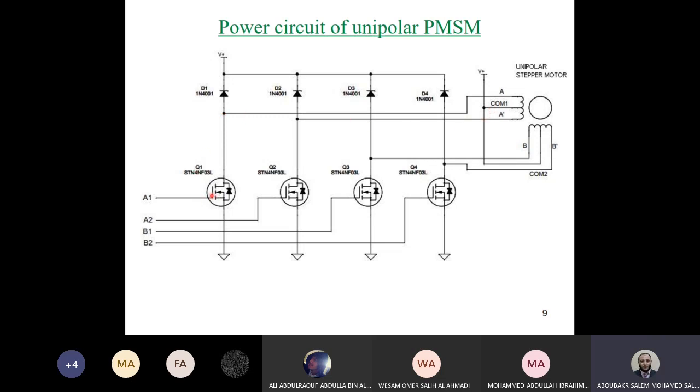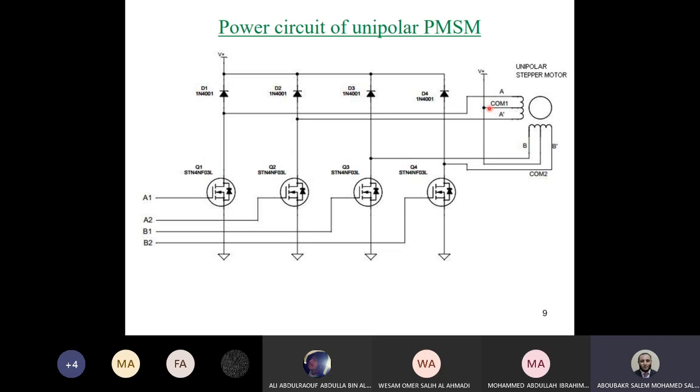So when this switch A1 is turned on, it will make the current flow from V plus to the common point, moving through this half coil and going in this direction to the ground point or 0 point. As you can see, because there is a reverse side here, the polarity cannot be reversed. So we have only one direction for current pass in this half coil.